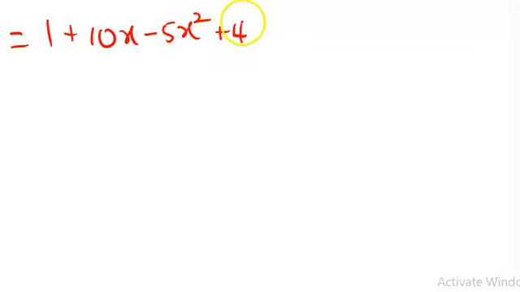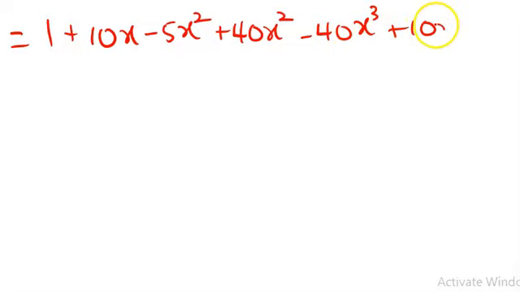We can group the like terms, which is equal to 1 plus 10x. So we have minus 5x squared and then 40x squared: minus 5x squared plus 40x squared, minus 40x cubed plus 10x to the power 4.